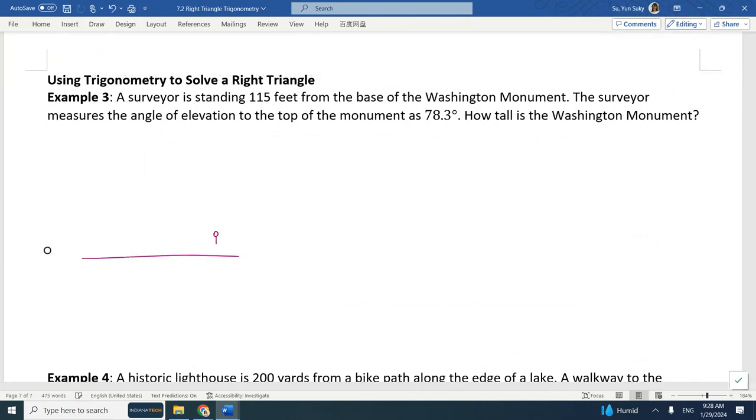So the person is right here, 115 feet from the base of the Washington Monument. The surveyor measured the angle of elevation to the top. So this angle is 78.3 degrees. How tall is the Washington Monument? So we want to find how tall it is.